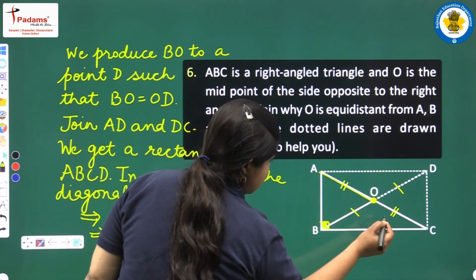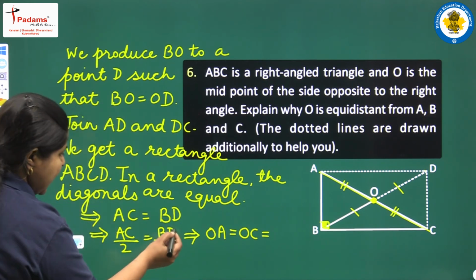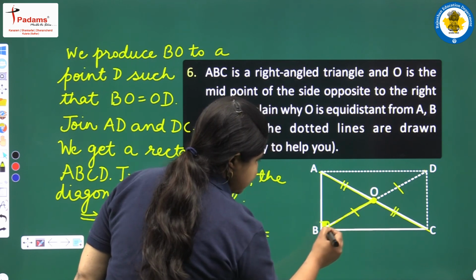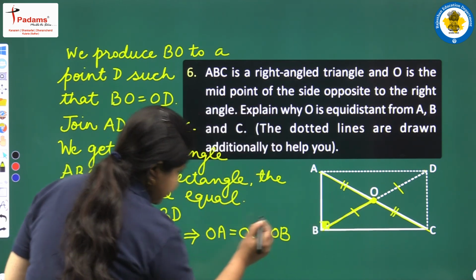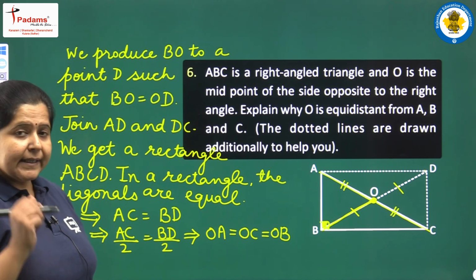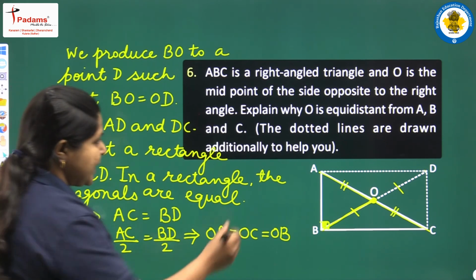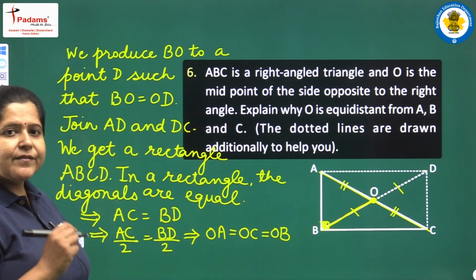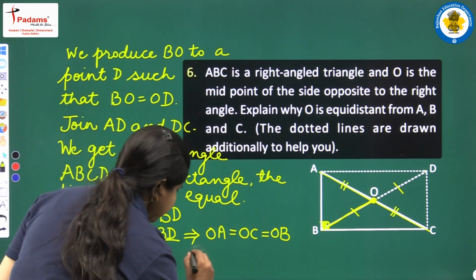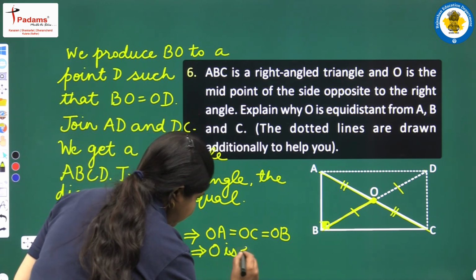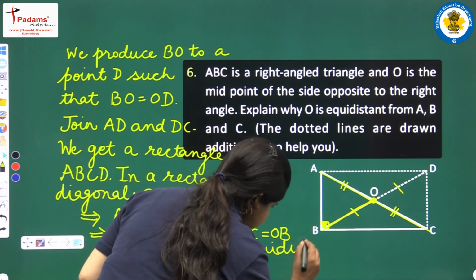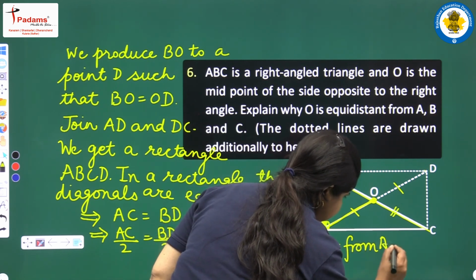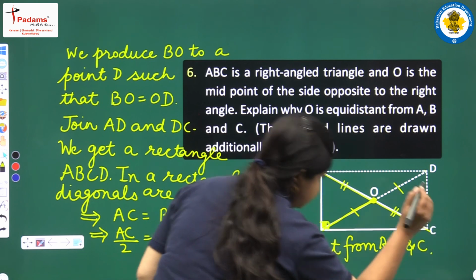These two are the half parts of AC. And half of BD is this OB. So this means that all the three parts are equal, or we can say the distance of O from A, B and C is equal, or in other words O is equidistant from A, B and C. So we write here: O is equidistant from A, B and C.